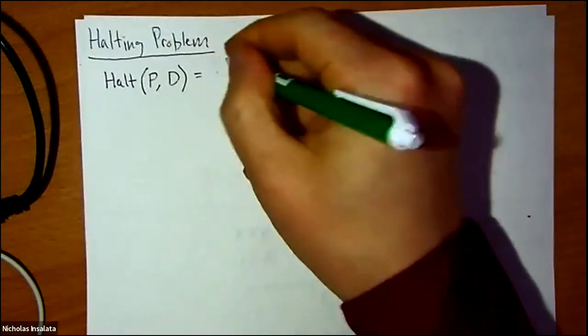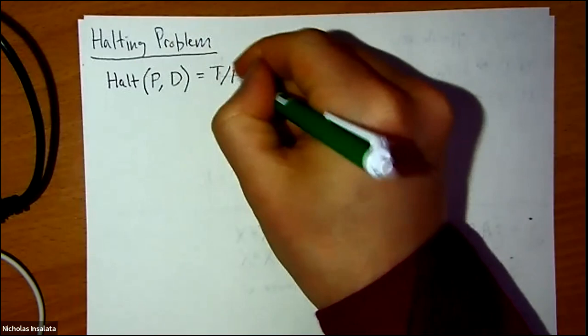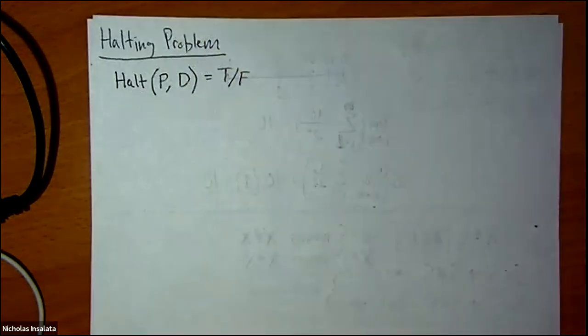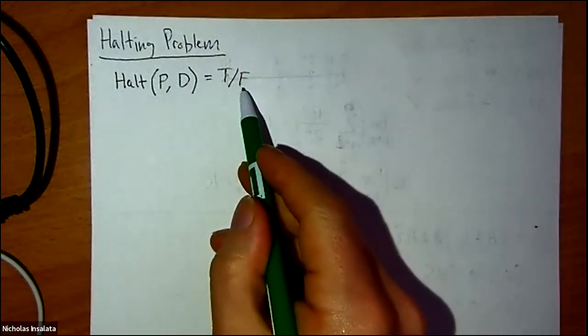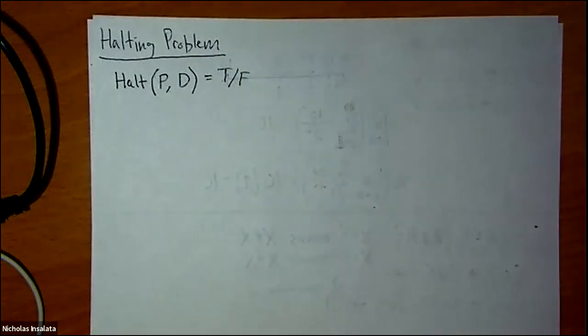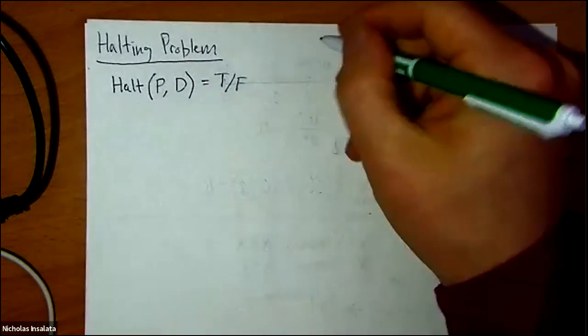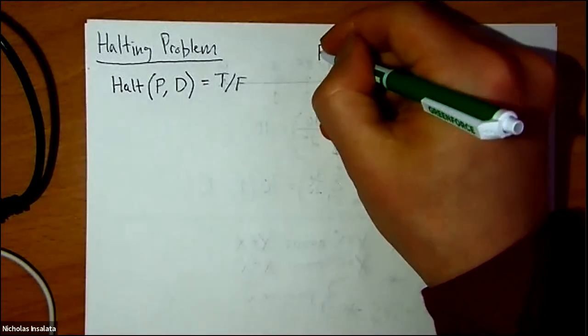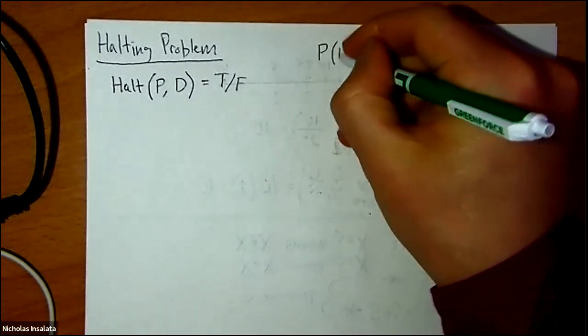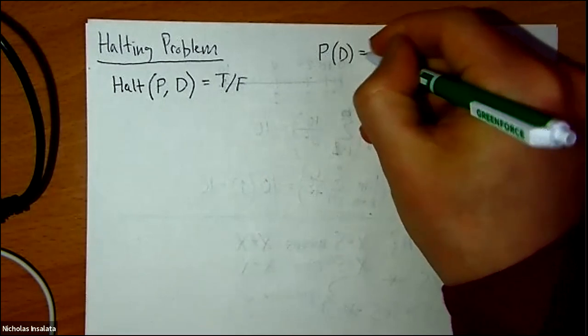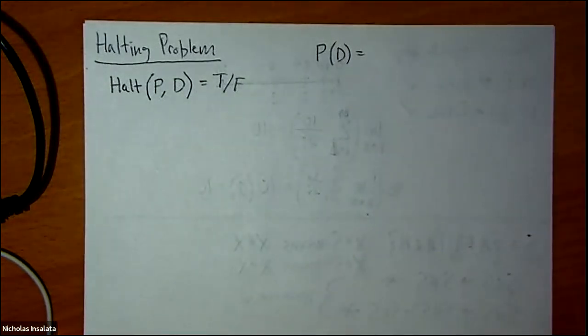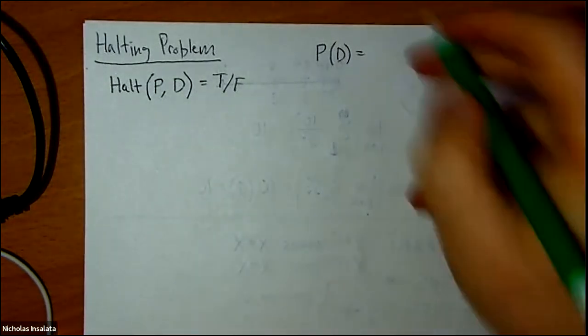This is supposed to be true or false, right? Does this program halt on this data? Yes, or no, does it not halt on the data? And that depends on the data, right? So let's say that our program is, here's our program. P of D is, let's do this.